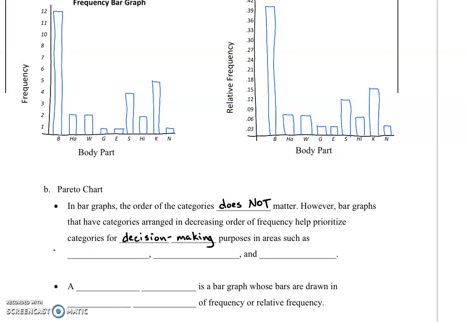And these decision-making purposes are usually in things like quality control, human resources, and marketing.